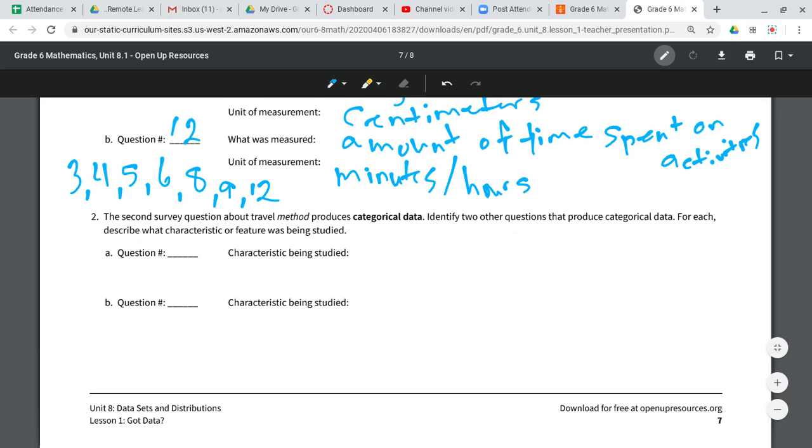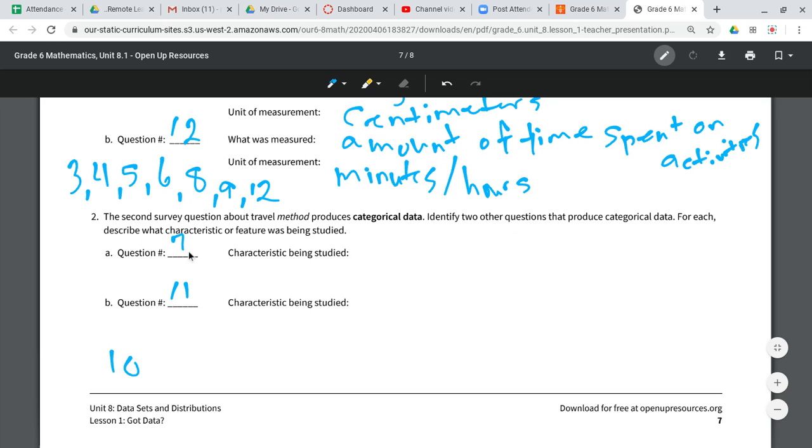So it's a thing. It's something that we can classify. So it's not a number because we're looking at how we traveled, not how long we traveled. So we're looking at a thing. So if we look through all those questions, we'll find that question 7 is also categorical, and 11, as well as 10 is an additional one that is a categorical one.